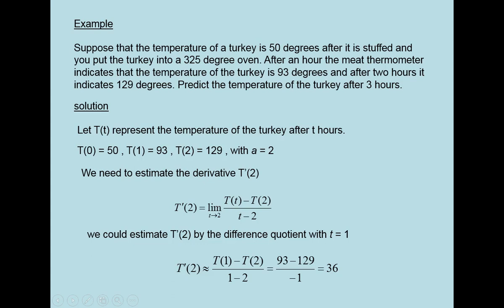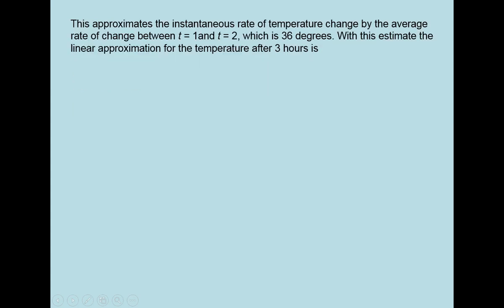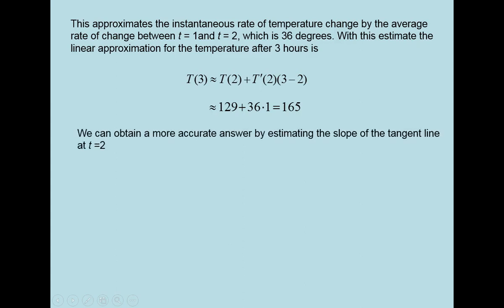We know the temperature is 129, so there are 2 values we could use to find our y-intercept. So we could plug those in, and then we would have the equation of our line.